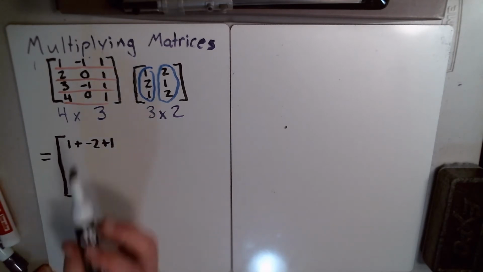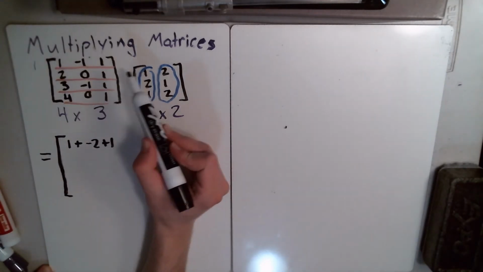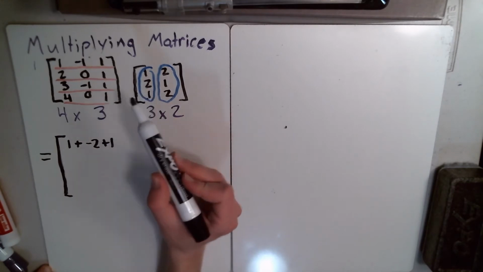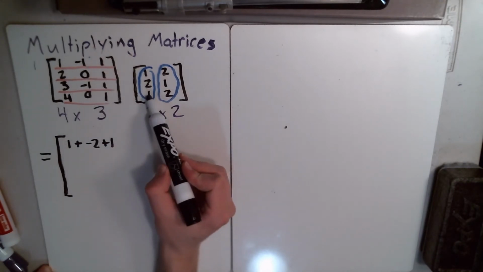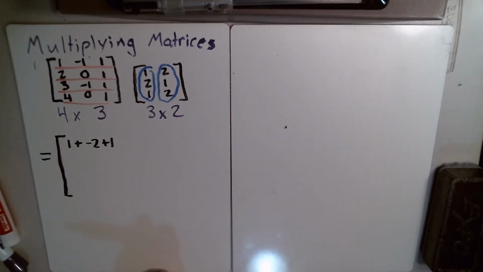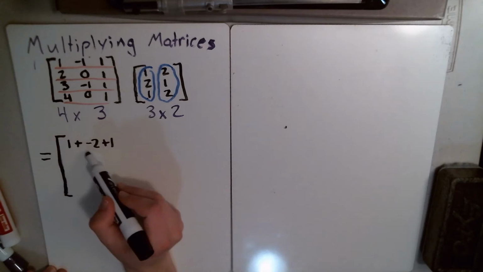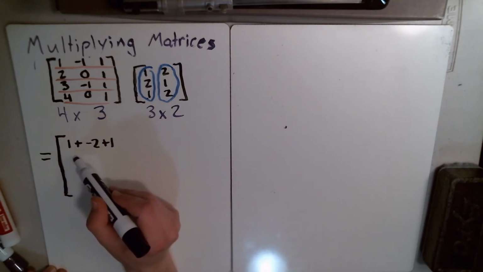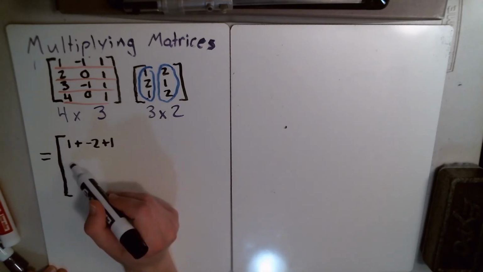I'm just doing this one times this one, and then this one times that one, so you follow it in the same order. That would be the entry in the first row, first column of the product.